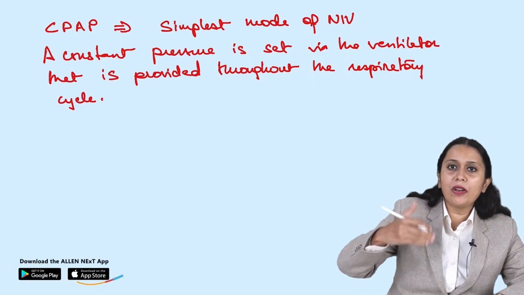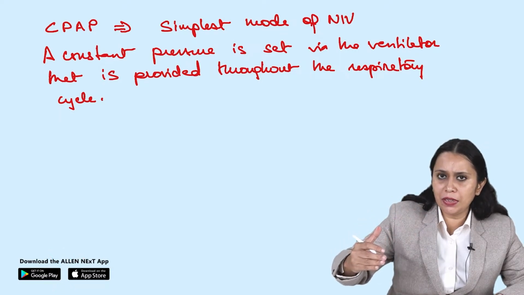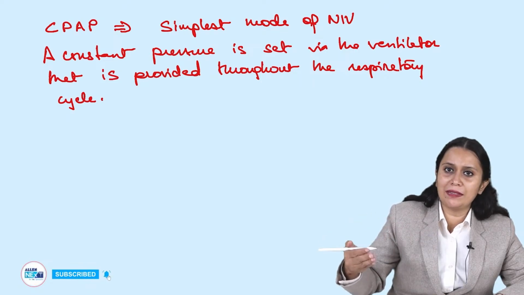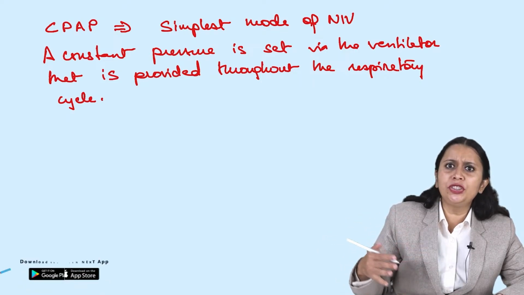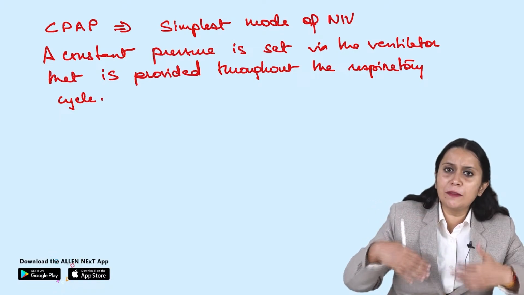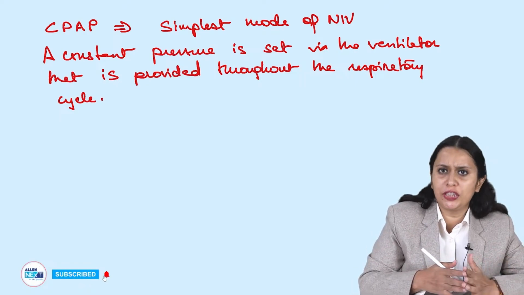It is a positive pressure throughout the respiratory cycle on which inspiration and expiration happen. It is increasing the FRC, the functional residual capacity, right? The patient has to initiate his own breath. His respiratory muscles have to be active and initiate his own breath. The ventilator will not help in initiating the breath.